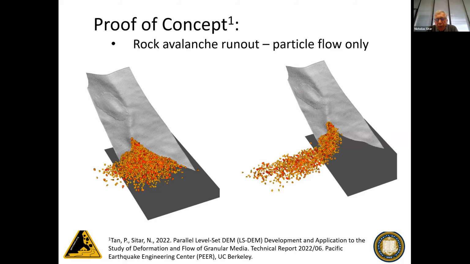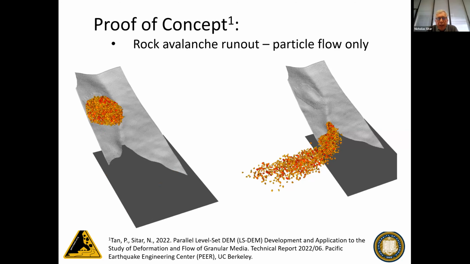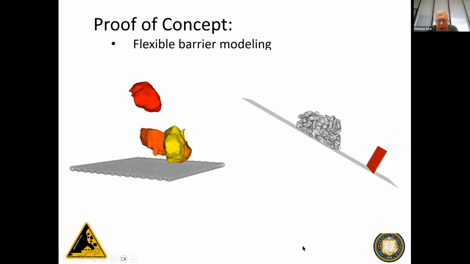So the point is that we can now model very efficiently the runout of granular flows without making any assumptions about viscosity or anything else. These particles just have irregular shapes and they have frictional properties, purely frictional. And let's see if I can now get into the next slide, which seems to be a challenge. Okay.